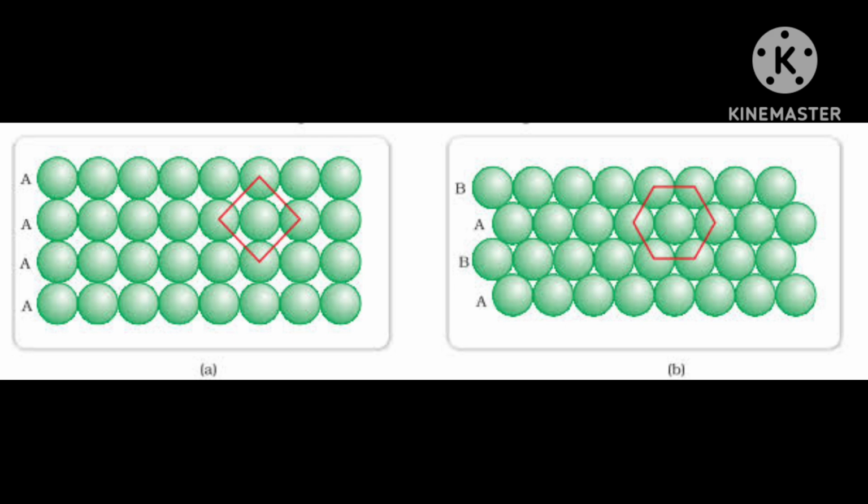The triangular voids are of 2 different types. This also I discussed in the last class. In one row, the apex of the triangles is pointing upwards, and in the next layer the apex is pointing downward.